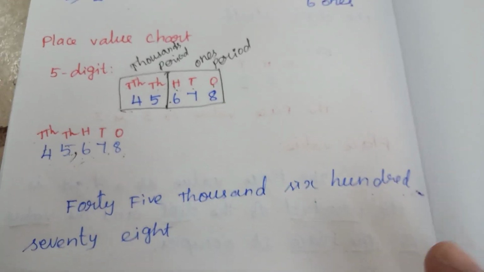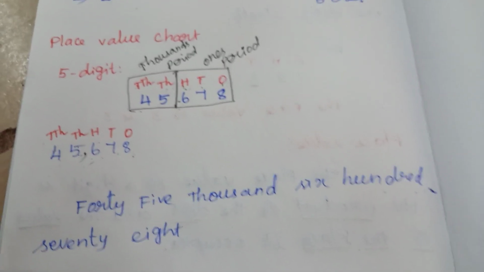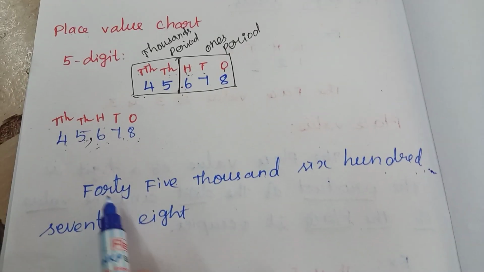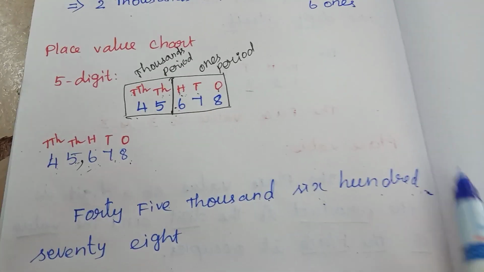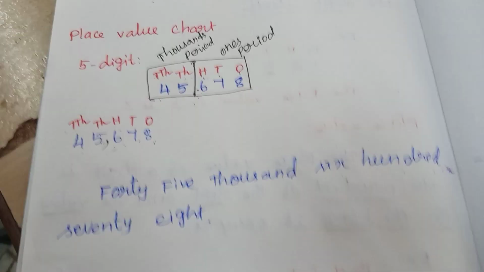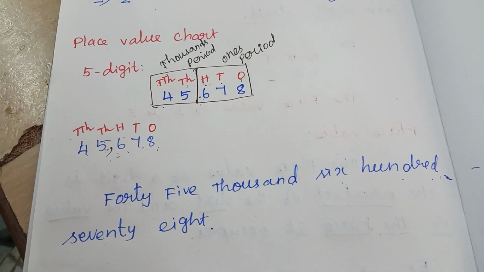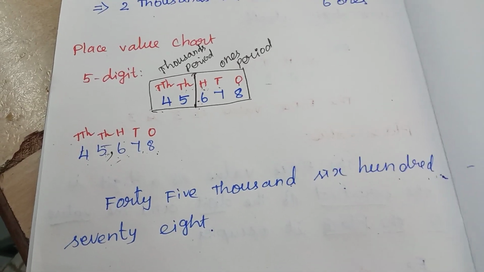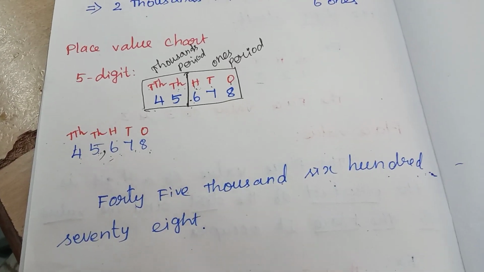So in the 5-digit number you don't use the word "and". Okay, 45,678. So this is the way to read and write the names for a 5-digit number.